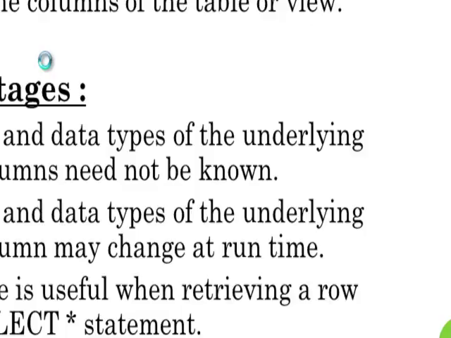First, the number and data types of the underlying database columns need not be known. Second, the number and data types of the underlying database columns may change at runtime. And the last, the attribute is useful when retrieving a row with the SELECT statement.